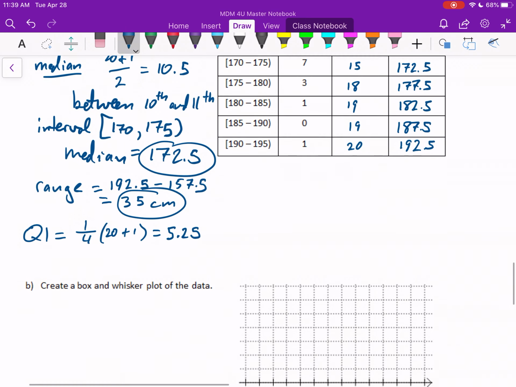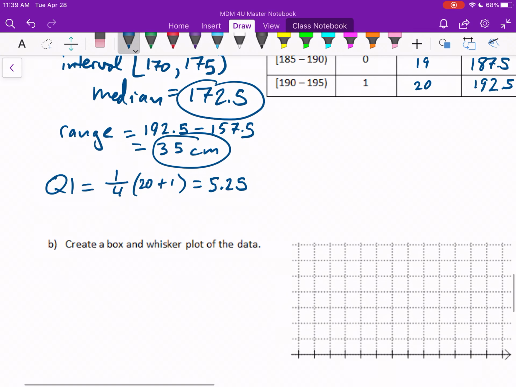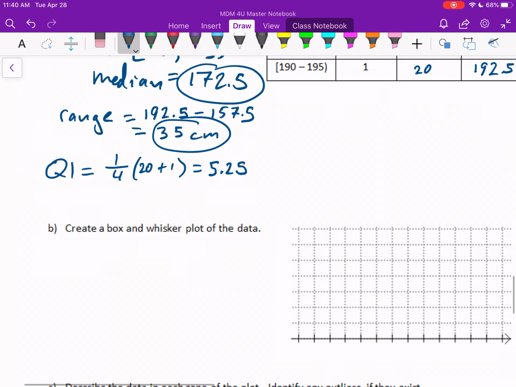Now, pay close attention to this part. 5.25 is just telling me that it's between the 5th and the 6th piece of data, but not closer to the 5th, as you might think, because it's 5.25. It just means halfway. So we just want it halfway between the 5th and the 6th piece of data. In other words, don't get hung up on the 0.25 part. We're just going to take the halfway mark.